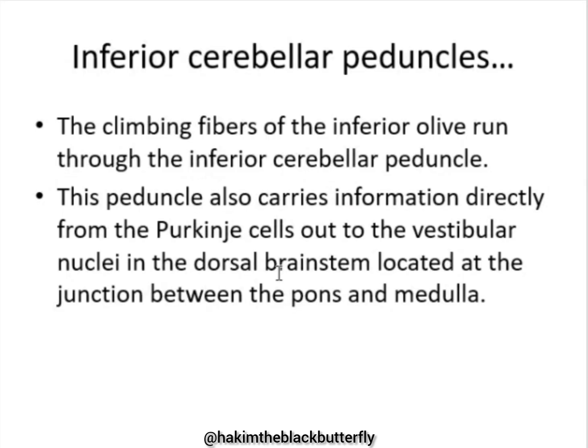So when we say predominantly, it means that there are some efferents which pass through it, but most of the information entering through the inferior cerebellar peduncle is afferent. It is going towards the cerebellum.